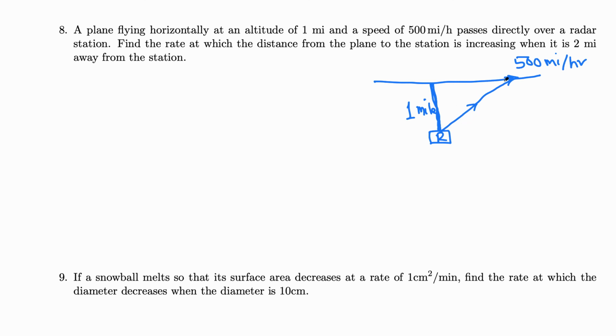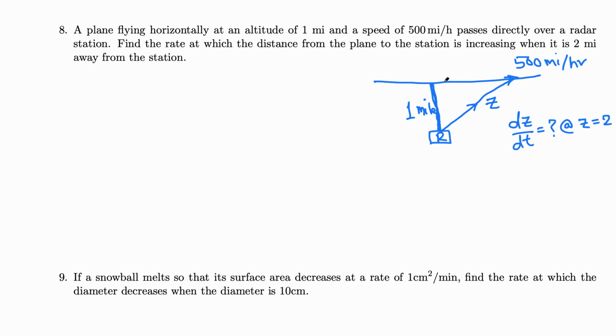Now when this distance is 2 miles, how fast? We need to find the rate of change of this distance. Let's say this is g, so dg over dt, at the moment when g equals 2 miles.